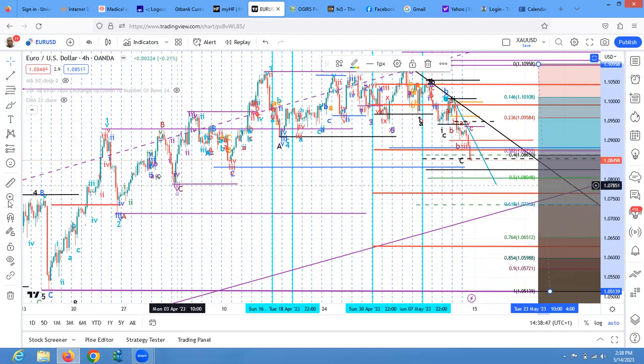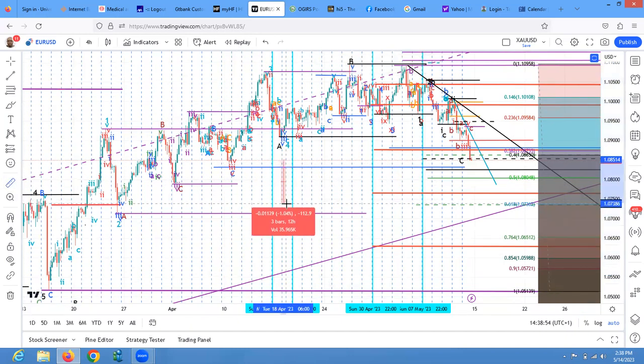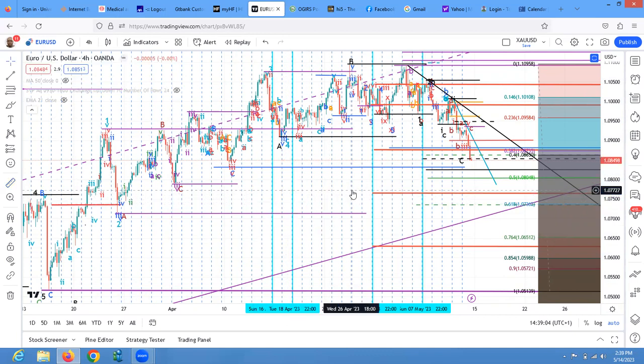And I can't tell you, because from where the price is now to 61.8 is just about 113 pips. But I can't tell you for a fact that price is going to come here. For all you know, price may just end it all here. But we need to watch for those signs.